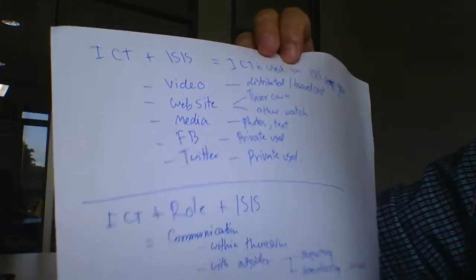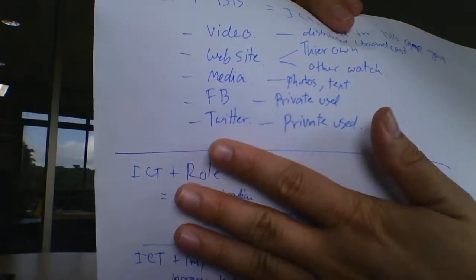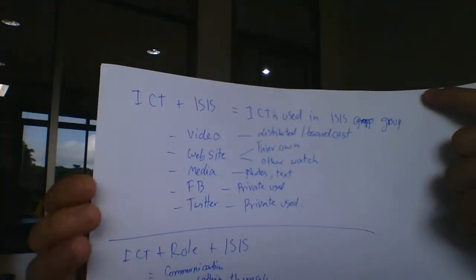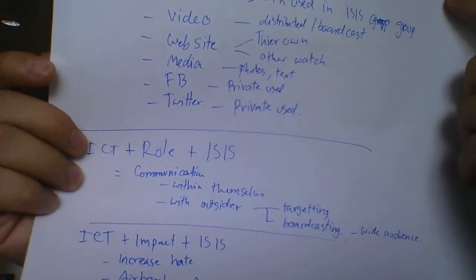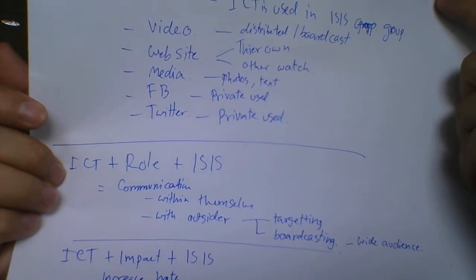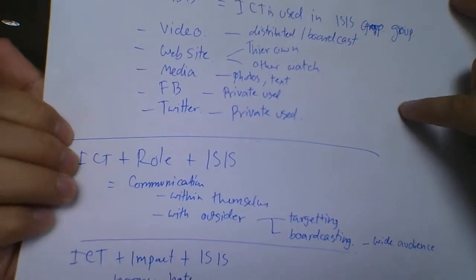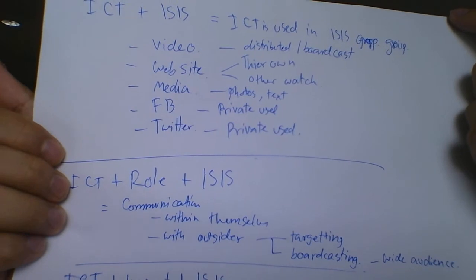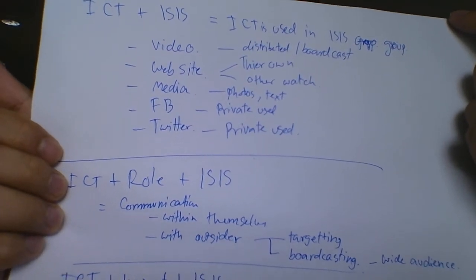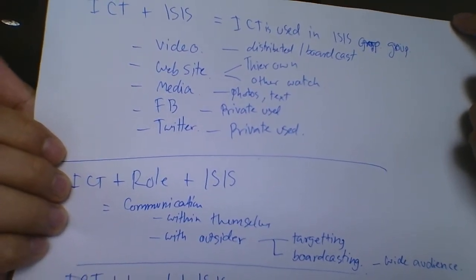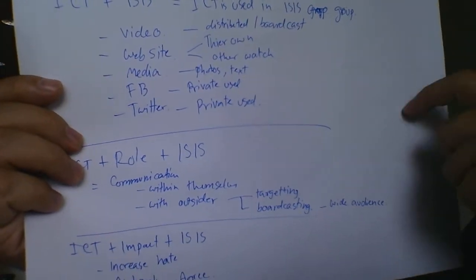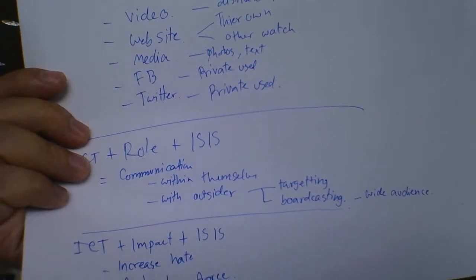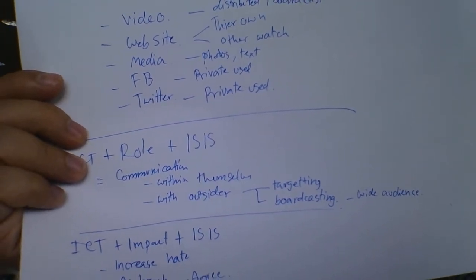Okay. The next concept is these two. These two are the output concepts that we want to develop. So we merge ICT roles and ICT together. What we can come up with is that, of course, they need communication, both communication within themselves and communication to outsiders. To outsiders, they have targeted communication and also broadcast to a wide audience.